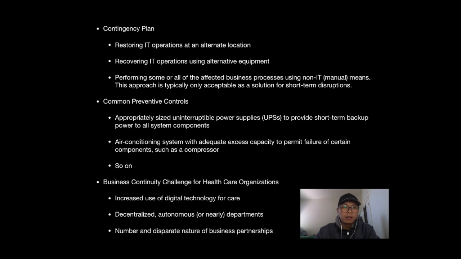There are challenges faced by healthcare organizations in developing and managing a robust business continuity plan. One challenge is the increased use of digital technology in the provision of care. Another challenge in creating a robust BCP is the nature of the business structures within healthcare.